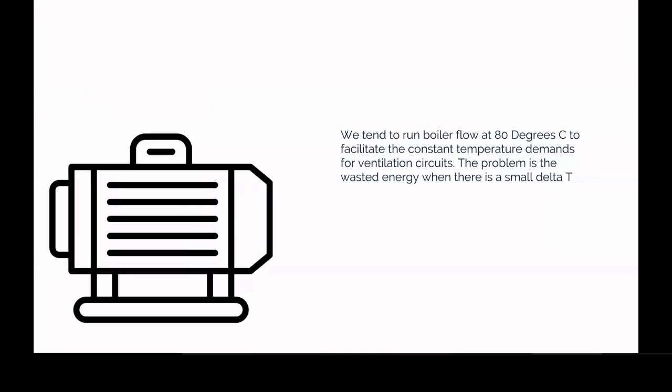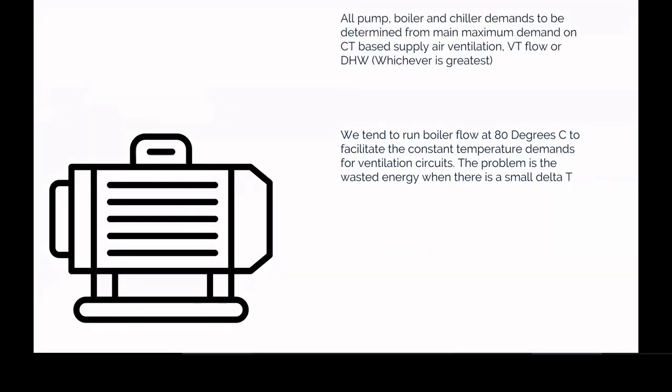Another one. This relates to how we control boiler flow and also the pumps. Typically, what you tend to see in a lot of specifications is that we control the pump speed purely based upon the position of the valves as a demand.